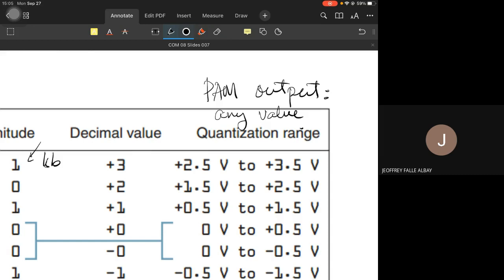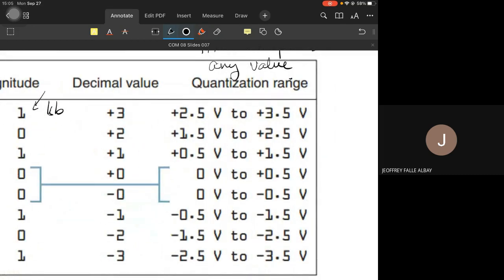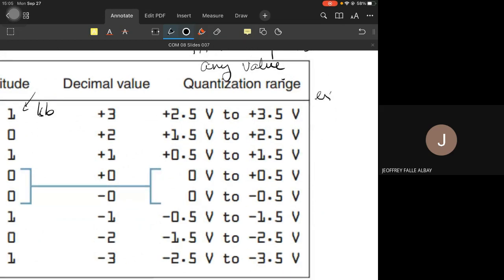So what quantization does is it assigns a decimal value to the range where the sample belongs. Let's say for example, our PAM output is around 2.8 volts, positive 2.8 volts.